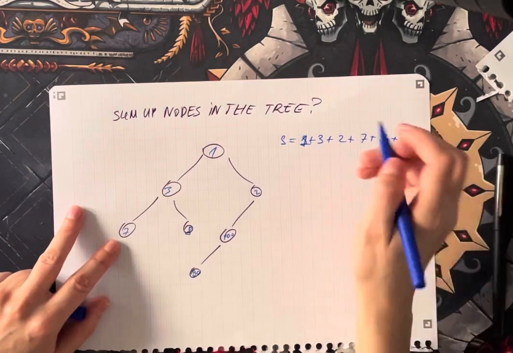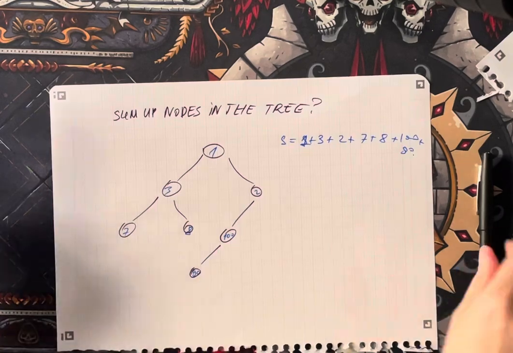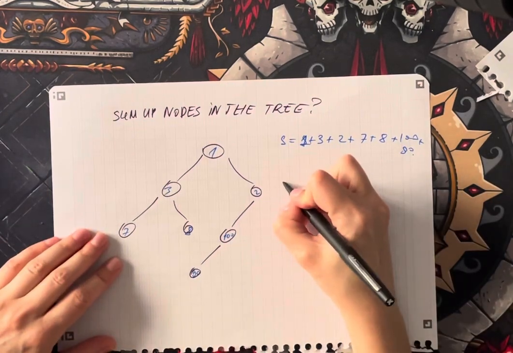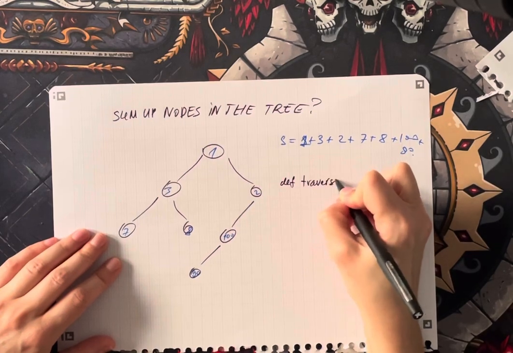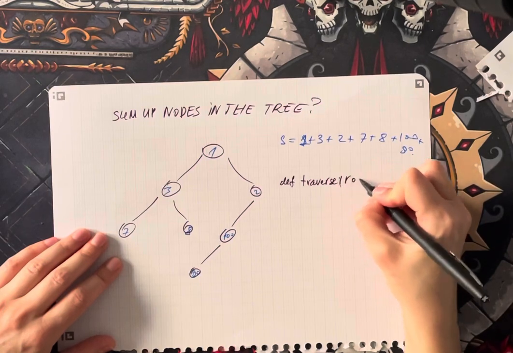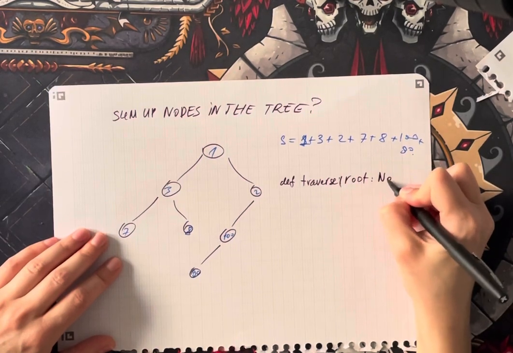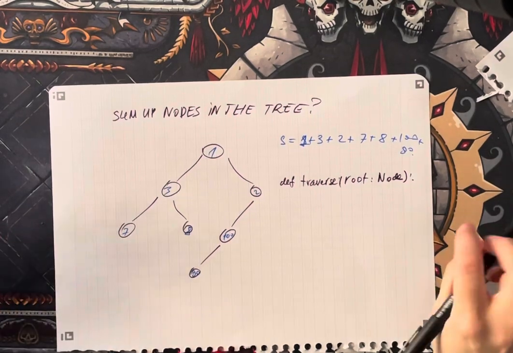This is basically an exercise in traversing the tree. So what we need is to visit every single node of the tree, and we are given the root. So how do you do it?